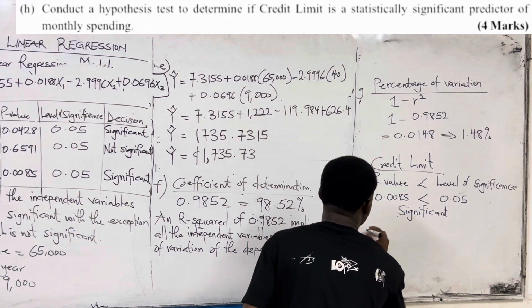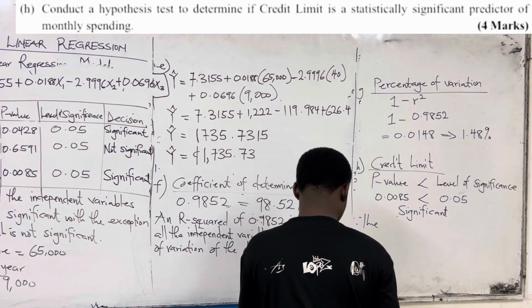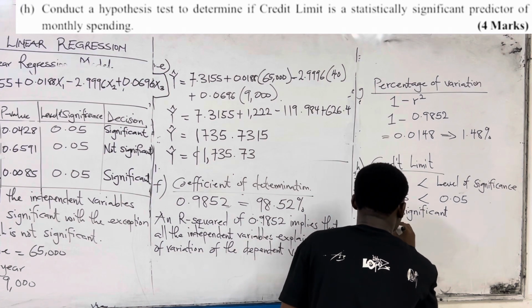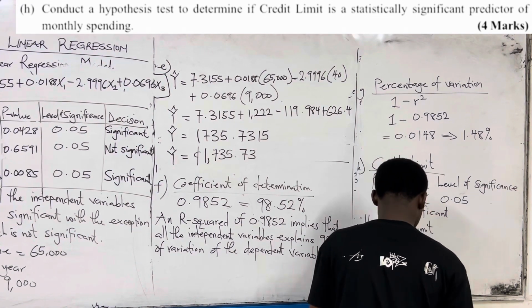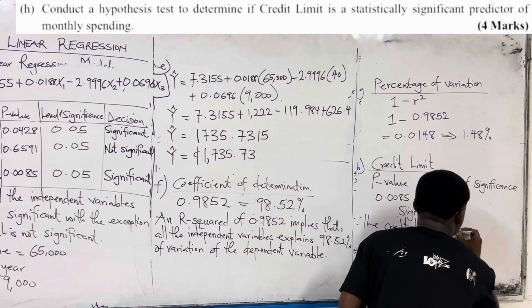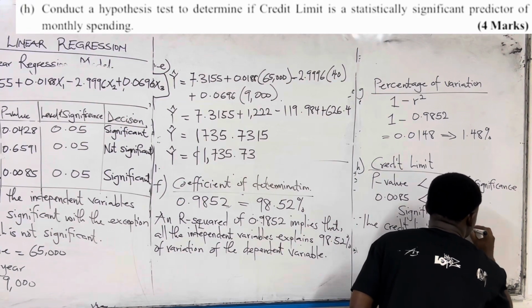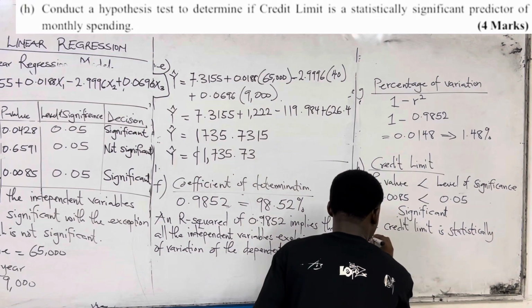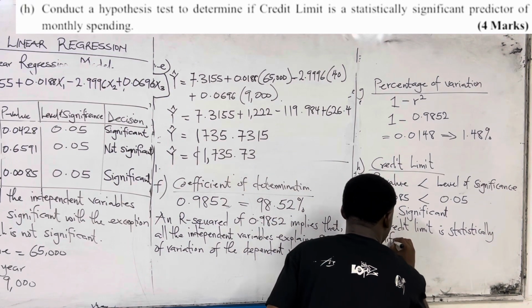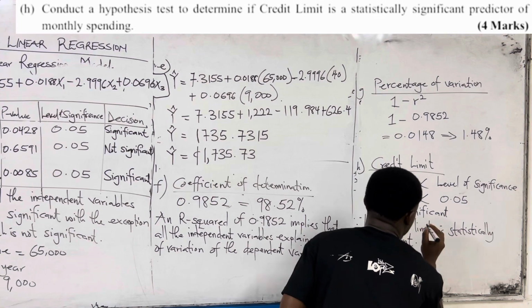So we can conclude that the credit limit is statistically significant.